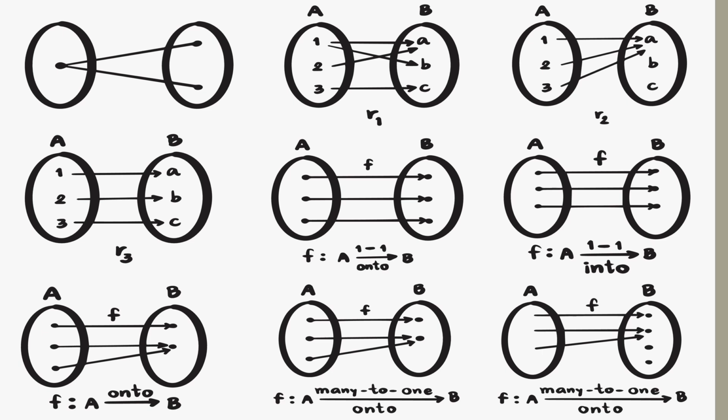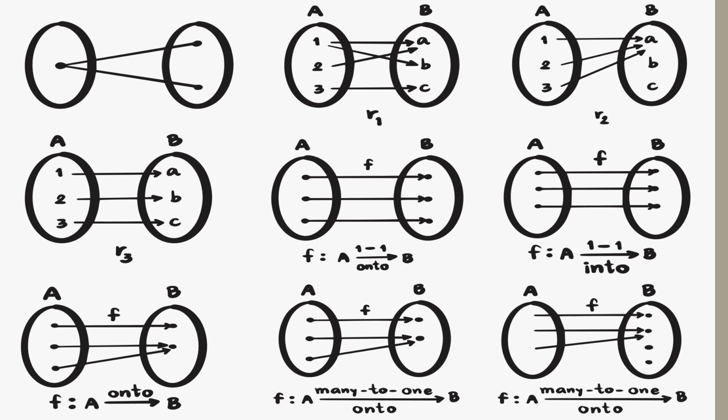The left topmost image indicates one element in set A has multiple relationships with elements in set B. On the second image, R1, that is, the arrow marks represent the relation where one element in set A has multiple elements in set B and one element in set B has multiple relationships in set A. In the middle, a function is represented as f.